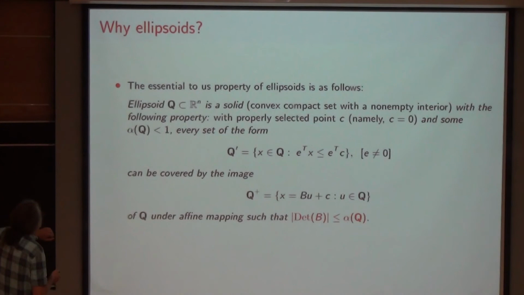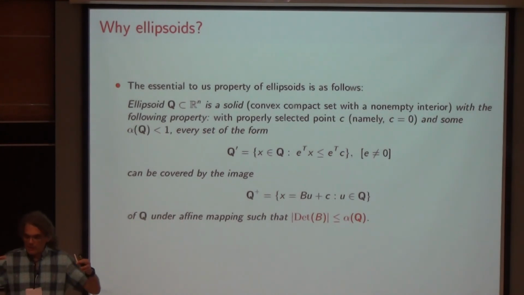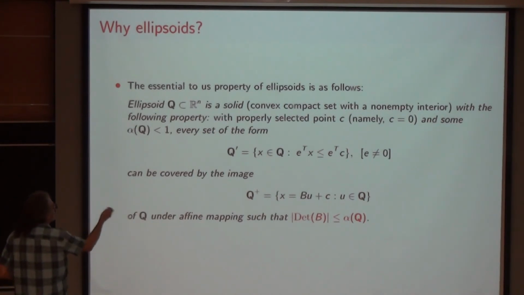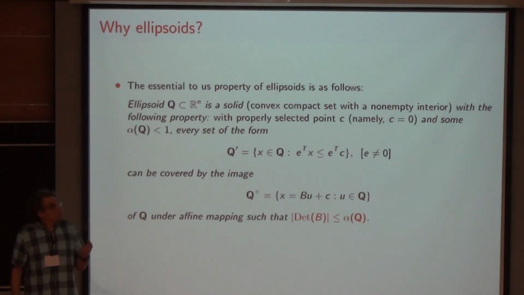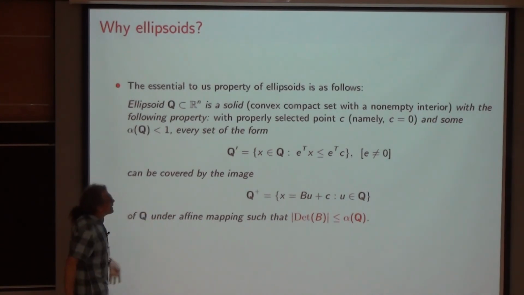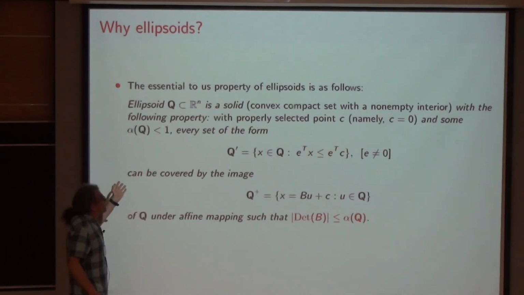So just the second remark to finish. Why ellipsoids? The idea was to stabilize the geometry of the localizer, and to this end we use the localizers as ellipsoids. Basically, the property which we use of the ellipsoid is this. We have a set Q. Now we do a cut passing through the center of the set.